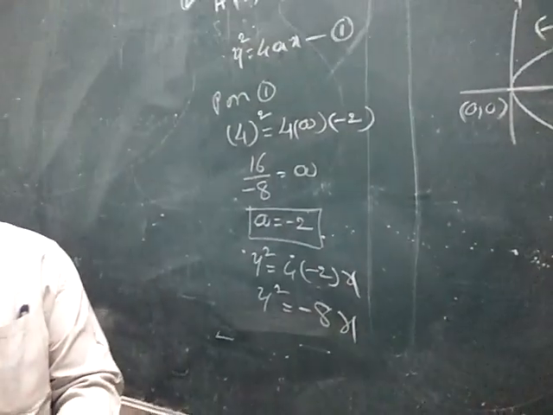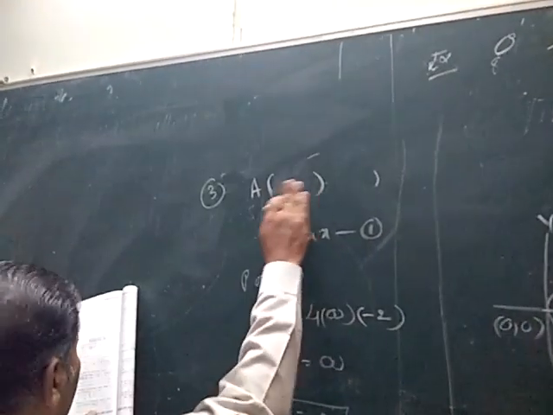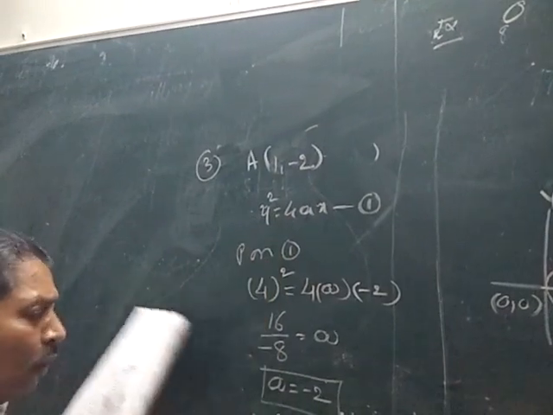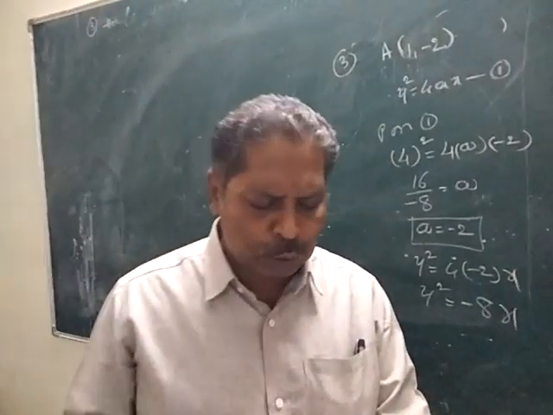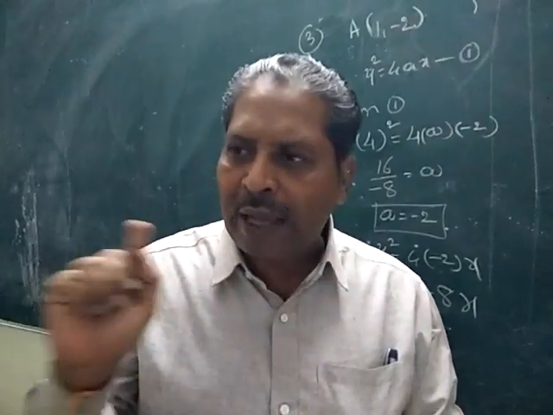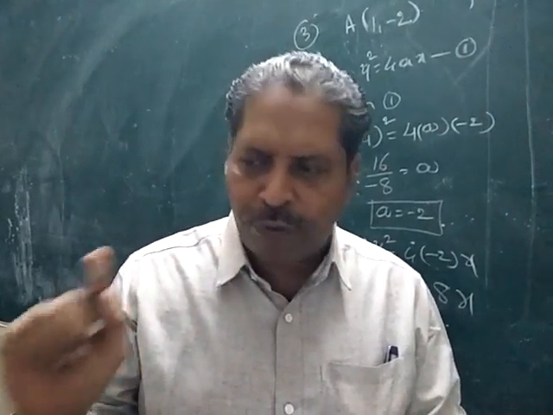Next problem, third bit. The vertex is (1, -2). First listen. The slope of the axis is undefined.